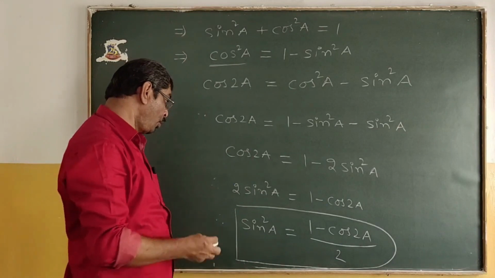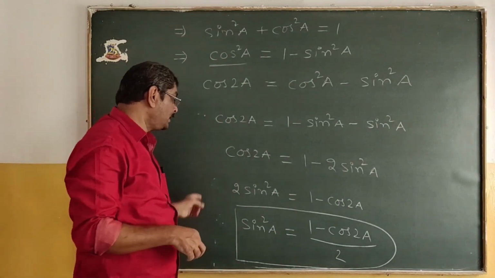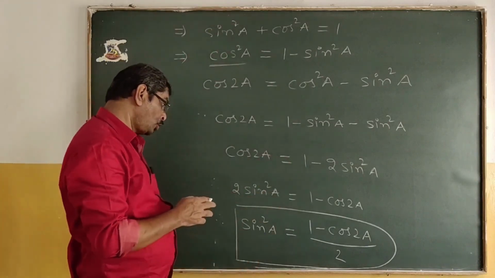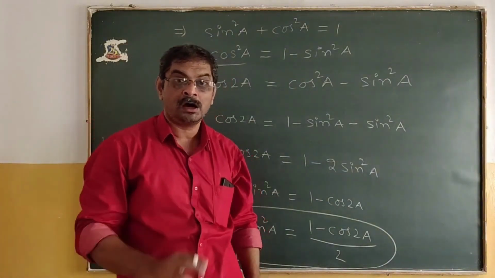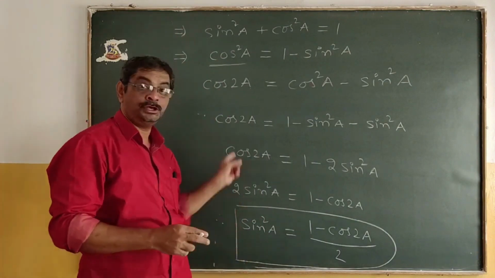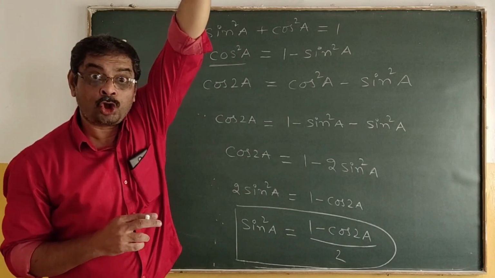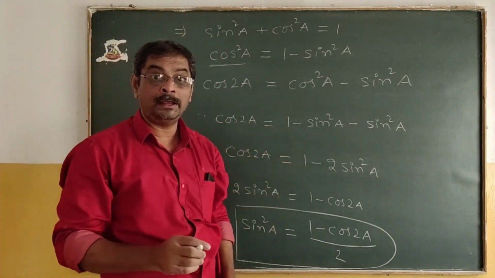So remember, this is the value we got for sine square A. Sine square A will be numerically equal to 1 minus cos 2A divided by 2. So remember, these are the formulas we got.